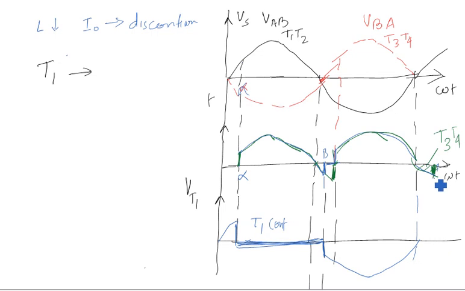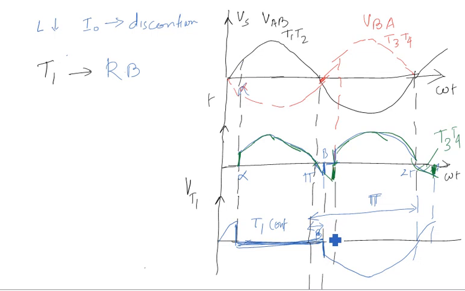Now let us discuss what is the circuit turn off time. The circuit turn off time will be the time during which T1 is reverse biased. So I can assume that this is my pi cycle, because this is my pi and this is my 2 pi, and this is my beta cycle.